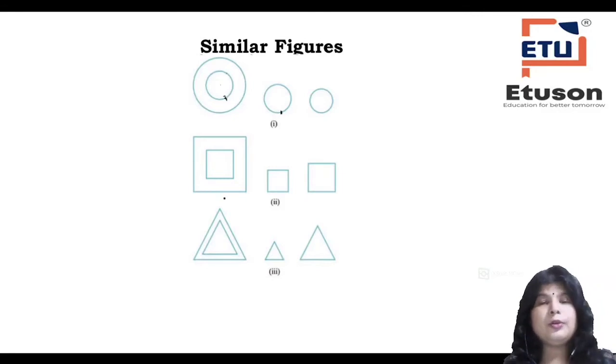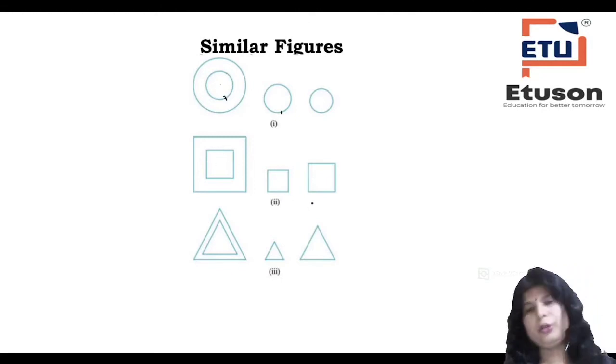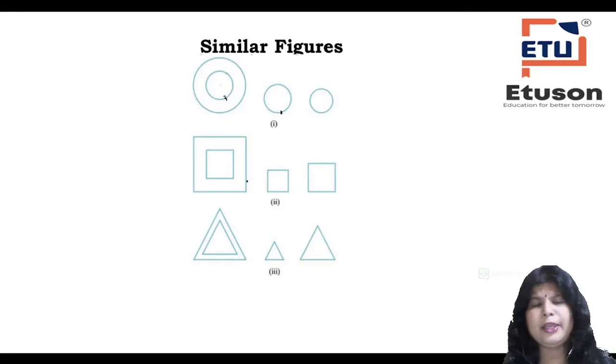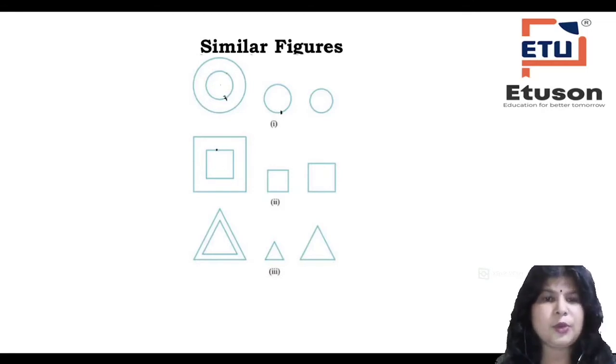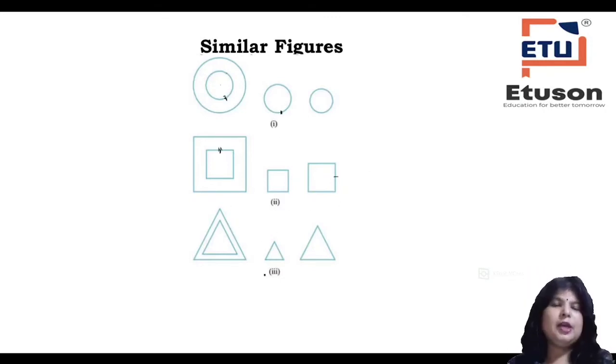To prove the congruency, you have to check whether the sides of the squares represented here are equal or not. If they are equal, then only you can tell that two squares are congruent to each other. What I can observe is that the inner square over here and this square are congruent to each other. But all of them are similar figures and they represent squares. Correct or not?